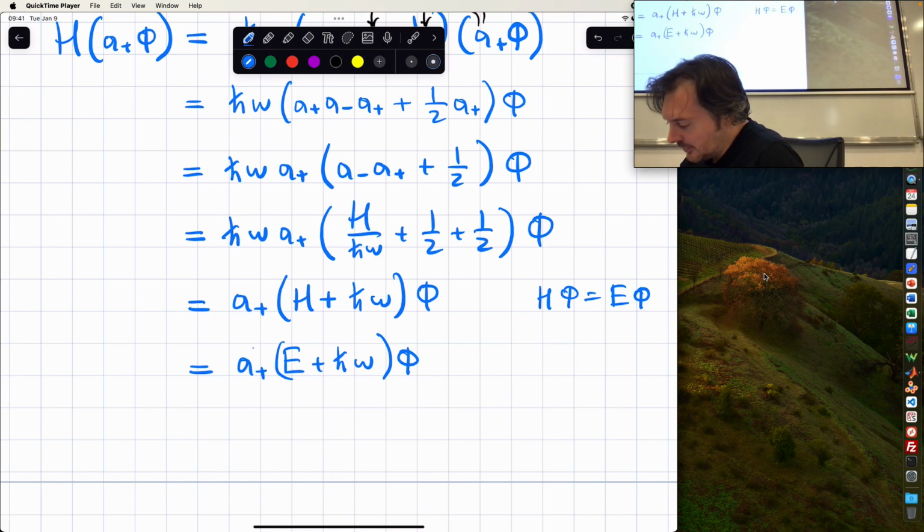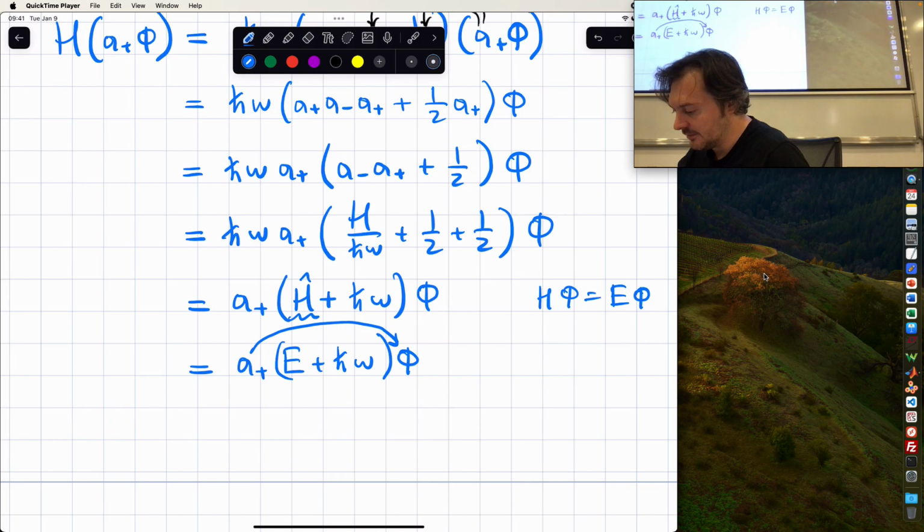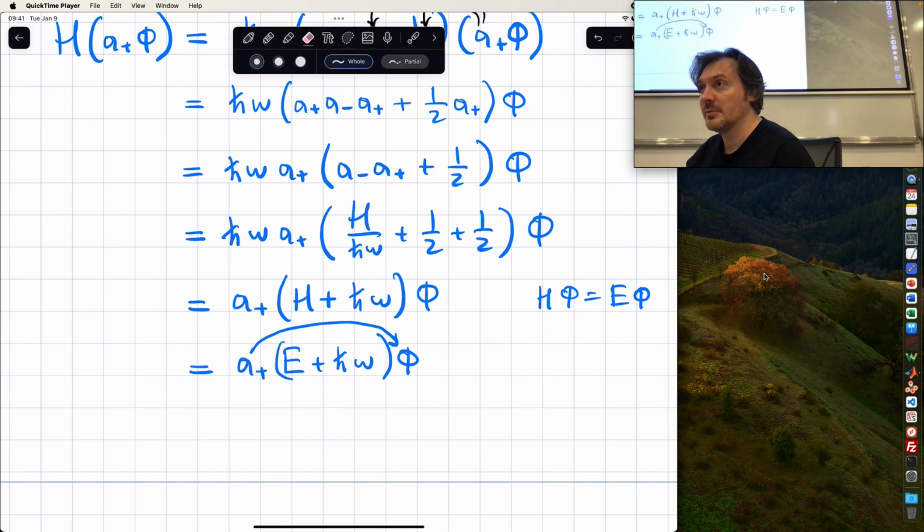So this one can jump over here because they both become numbers. They were operators before. The Hamiltonian was an operator, and when it was an operator, it couldn't jump over here, right? But we made it into a number because we are using a specific function, right?